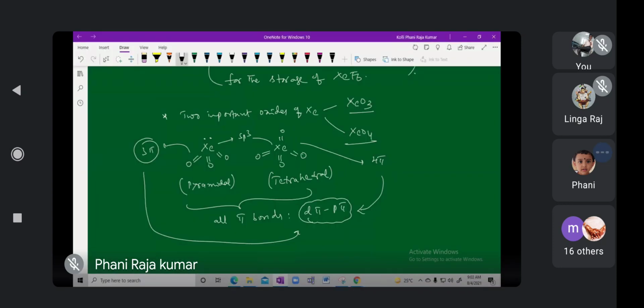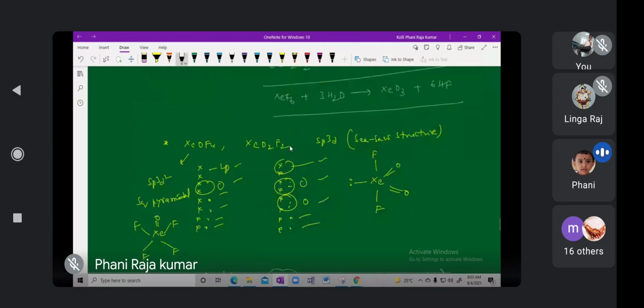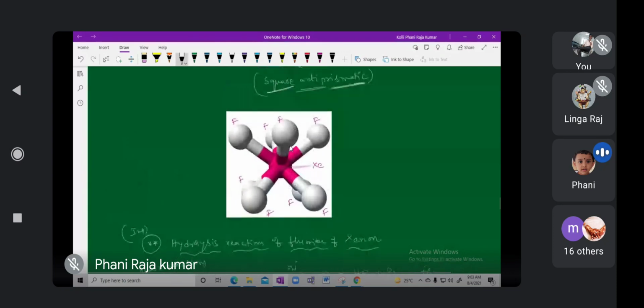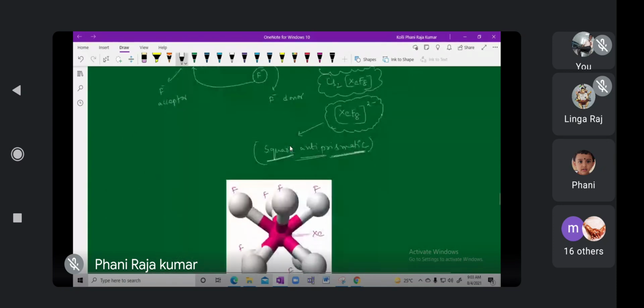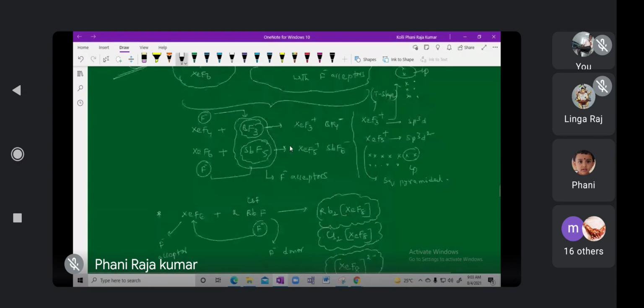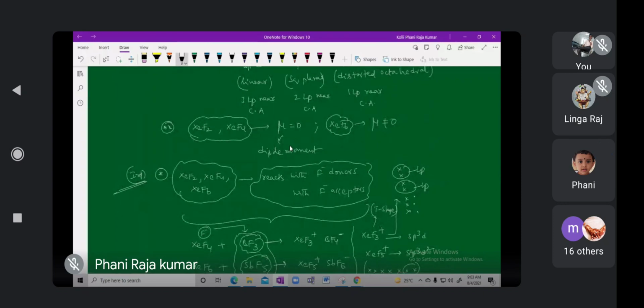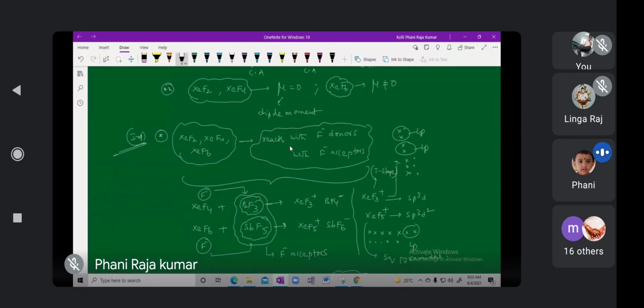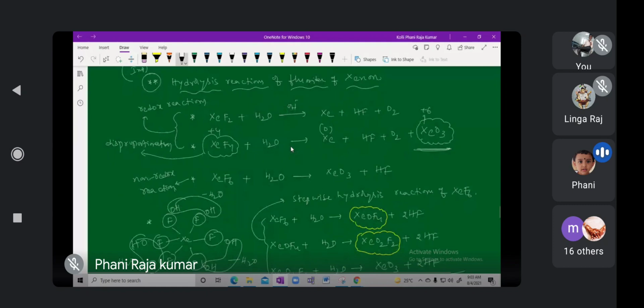These are the few points related to xenon compounds: mainly the structures, and they can react with fluoride donors and fluoride acceptors. Another set of reactions are hydrolysis reactions.